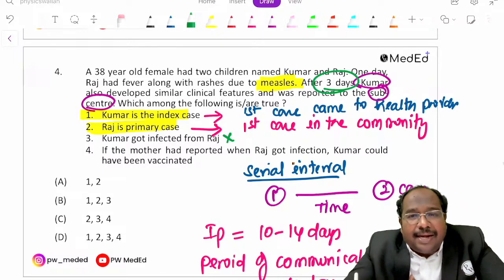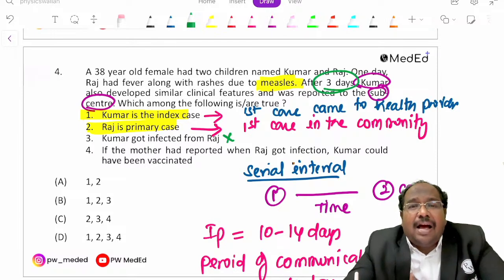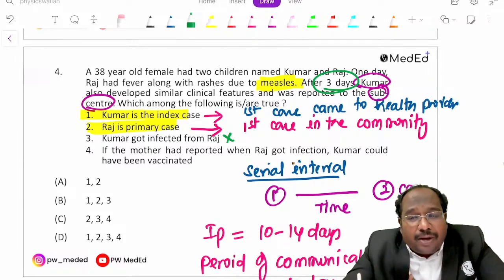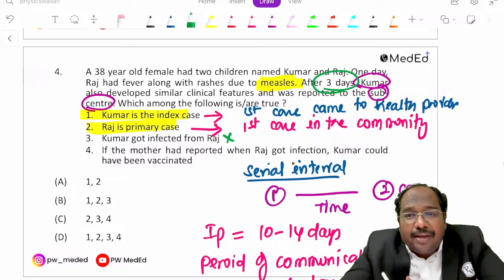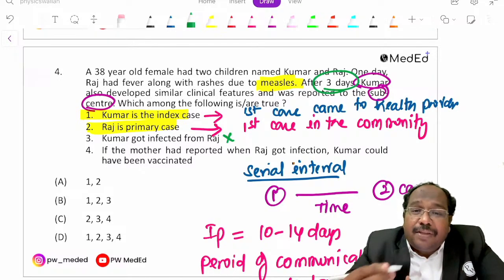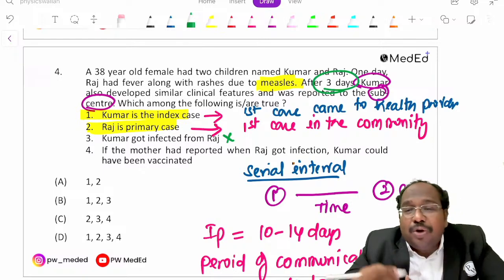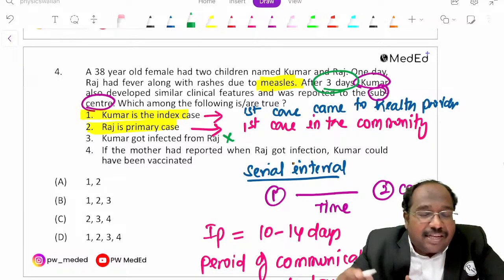If the mother had reported when Raj got infection, Kumar could have been vaccinated. But you require 7 days. Kumar developed the disease within 3 days after Raj, but you require a minimum of 7 days. Even if the mother reported and Kumar got vaccinated, that is not going to help.